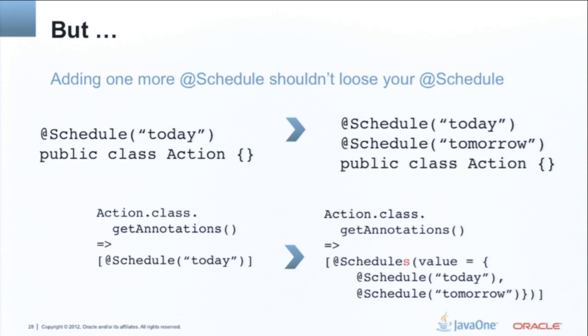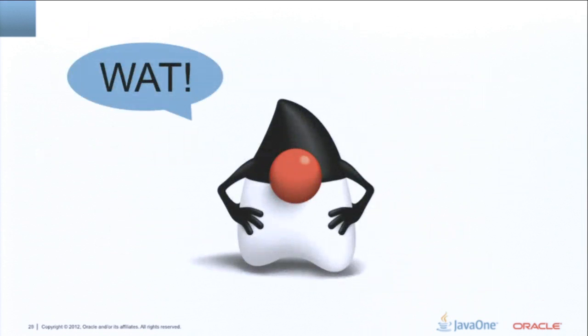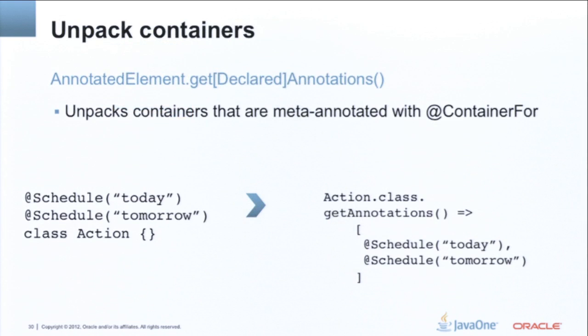Before, you would get an array that had a schedule instance. In this case, you get an array that has a container instance. So again, Duke says, "What?" So it turns out that we want to unpack containers when you do the getAnnotations call as well.